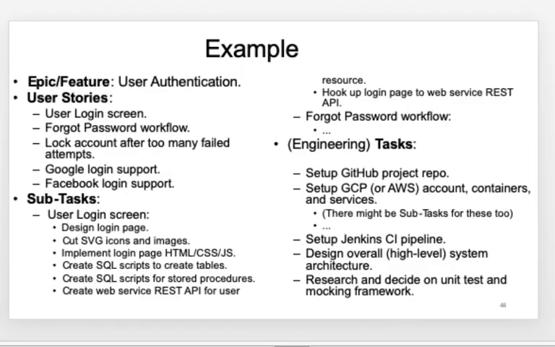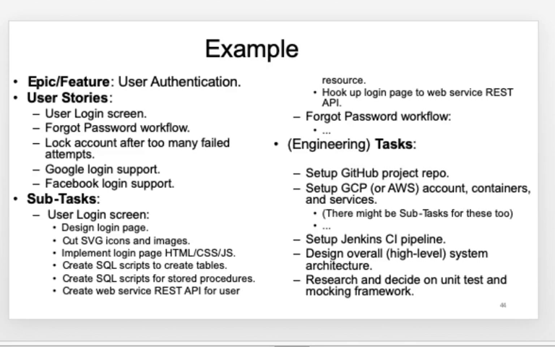So a simple example is given here. For example, an epic could be user authentication. User stories could be a user login screen, forgot password, lock account after too many failed attempts, or do you want login support using Google or Facebook? These are more generic, so I move on to subtasks.